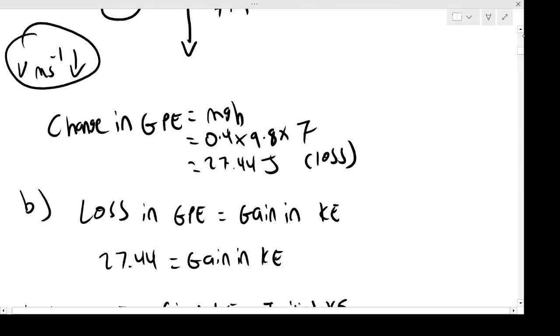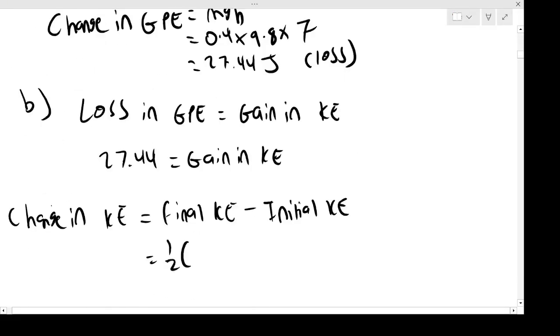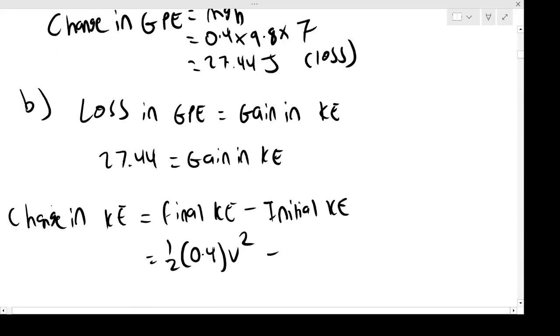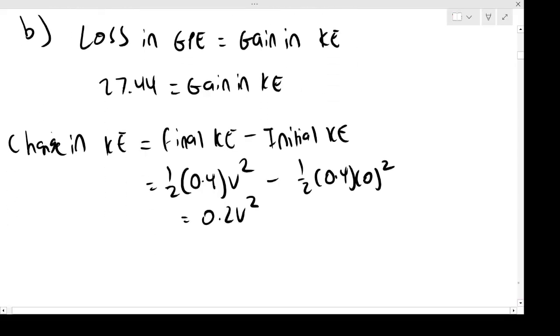And so the final speed again is V, so it's going to be half mv squared. Well, the mass is 0.4, so 0.4 lots of V squared. Take away the initial kinetic energy, well, that's zero, because it starts at zero speed. So simply, it's going to be half times 0.4 is 0.2 lots of V squared. And there we are. But we know that the gain in kinetic energy is 27.44, so that means 0.2 V squared has to match that, right? They're both the same thing.